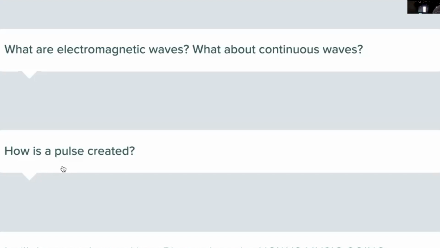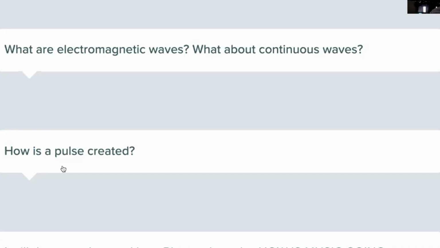A continuous wave is something like light, where once you turn on a light bulb, the wave is continuous from the source all the way to the receiver. Even a sound wave, the sound coming from me to the microphone, is a continuous wave. Now, if I just clap my hands, and this is where it gets complicated, there's only one pulse because there's only one input into the wave, but it will cause a complete oscillation in the air.